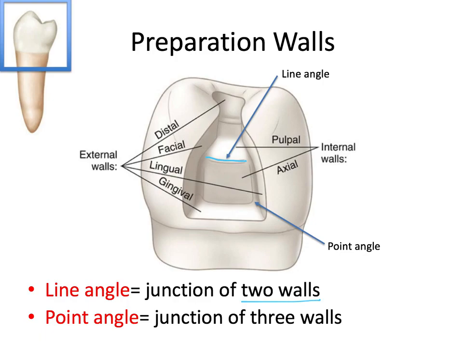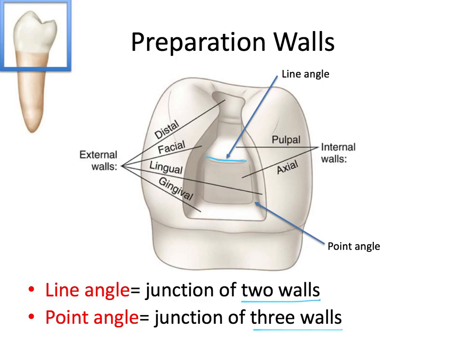So anywhere where two walls meet, you could pick any point. Those are all called line angles. Now if we have a junction of three walls coming together, that point where three walls join together, like here for example, this little point is called a point angle. So that's our line angle and our point angle.